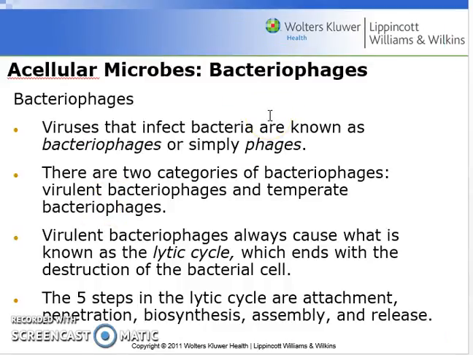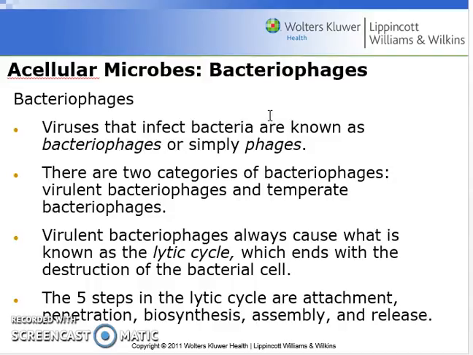Okay, so we're going to talk about the different types of viruses that are out there. Bacteriophage is an interesting type of virus because it has a very unique structure. A bacteriophage is a virus that, as the name implies, infects bacteria.